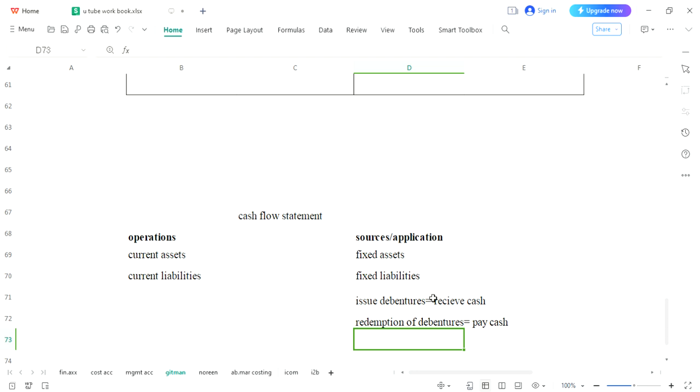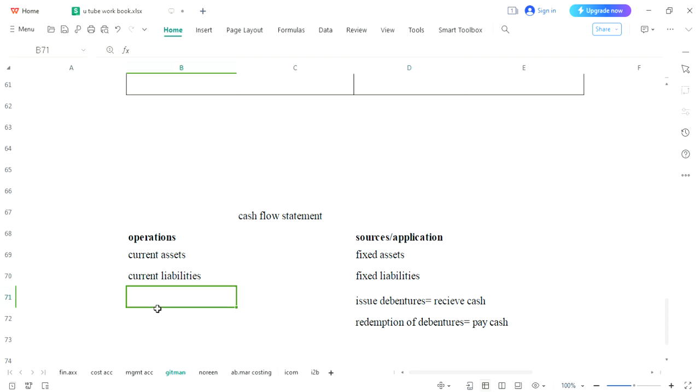Several fixed assets and fixed liabilities. I have just given you an example of fixed liabilities, and here you have received cash from debtors, one example, or paid cash to creditors.